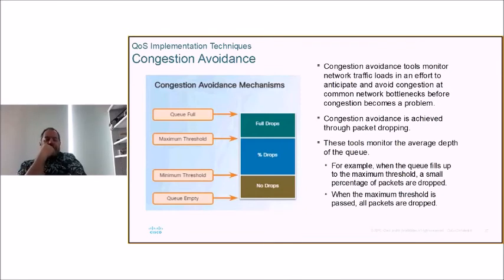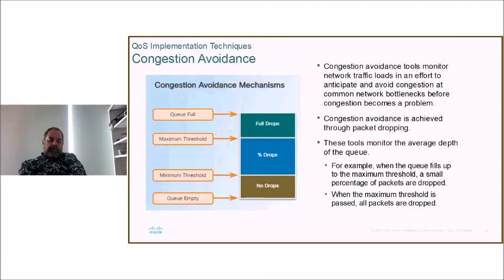Okay, congestion avoidance. Tools monitor network traffic loads in an effort to anticipate and avoid congestion at common network bottlenecks before congestion becomes a problem. Congestion avoidance is achieved through packet dropping. These tools monitor the average depth of the queue. For example, when a queue fills up to the maximum threshold, a small percentage of packets are dropped. When the maximum threshold is passed, all packets are dropped.